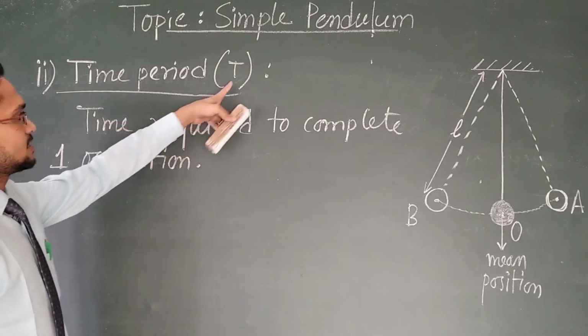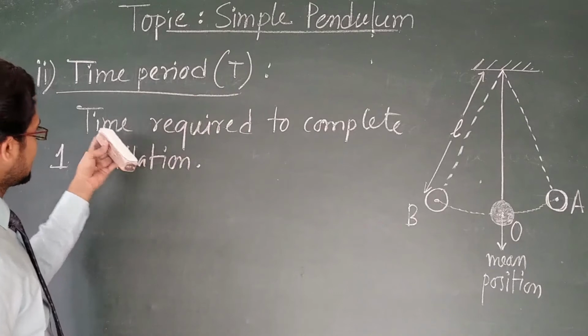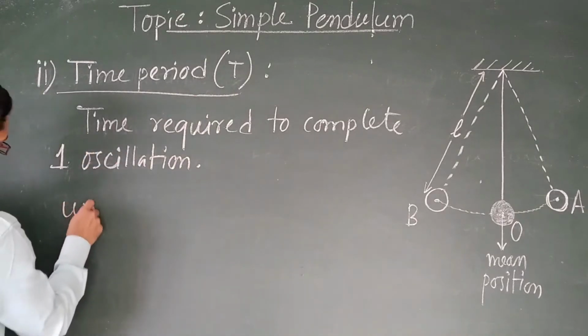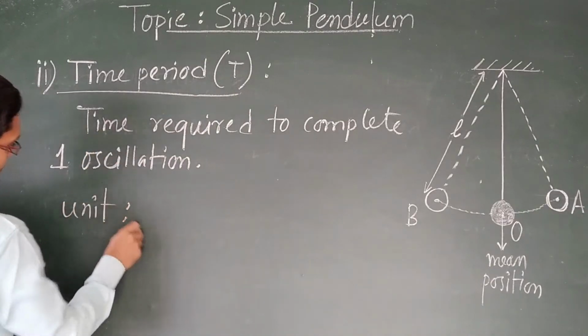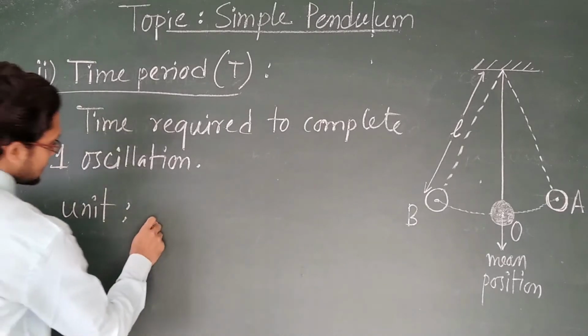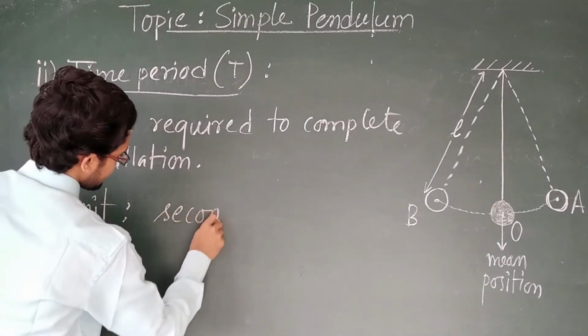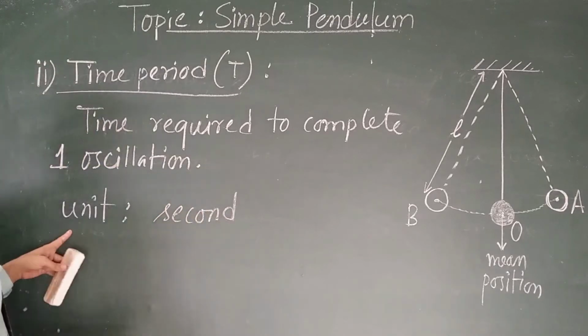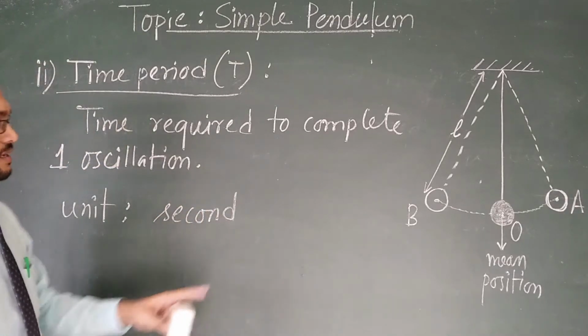Time period is denoted by capital T, and it is a time, so what is the unit of time in CGS or SI system? It is second. Time period is in seconds.